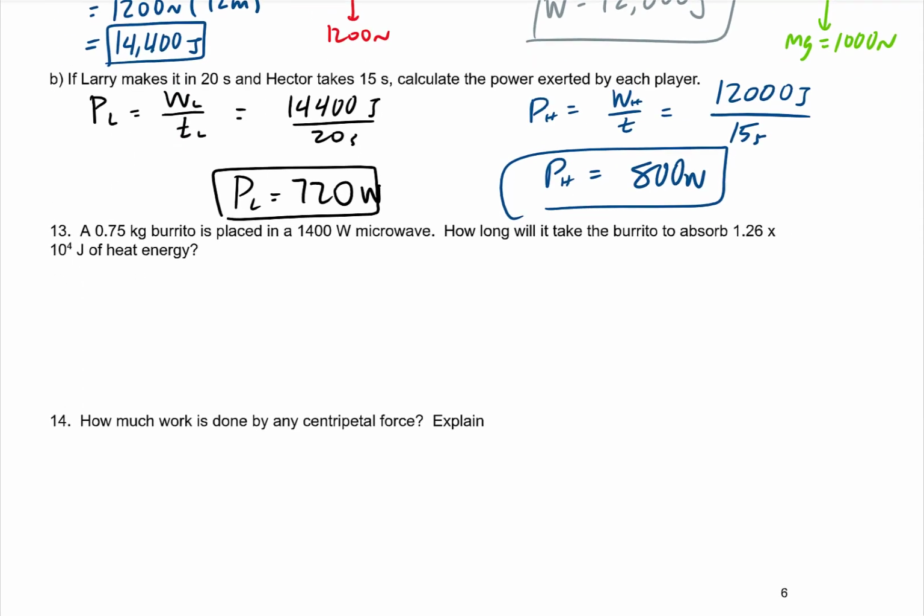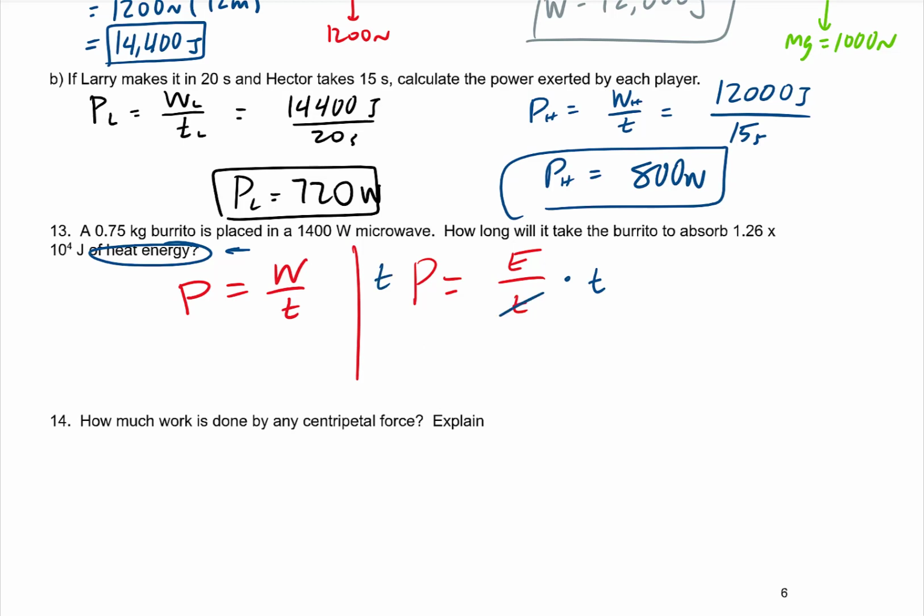We put a burrito in a 1400 watt microwave, and we want to know how long it takes to absorb that much heat. Heat energy is what's going to stand in for work here. So we know that power is equal to work over time, or in this case, power is going to be energy over time. So to solve for time, we multiply both sides by time.